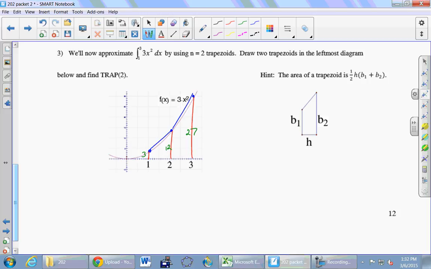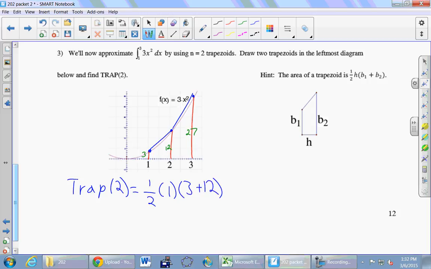And so if we're just looking for using this area formula, all right, so we'll use my notation here. Trap of 2 equals, so it says half the height. How much is the height of the first trapezoid? 1, right, between 1 and 2. So half of the height times the sum of the bases. What plus what? 3 plus 12.